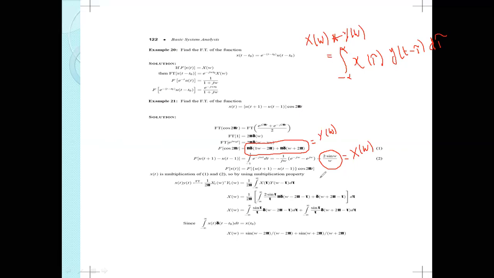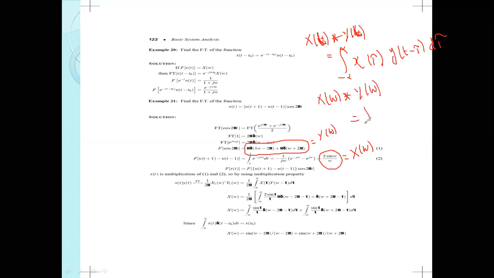Okay, you see here, X of tau, Y of omega minus tau, d tau, because here the function is of omega. Whenever t is there, let it be without confusion, X of t, Y of t. Then only this is the equation. Now, instead of t, there is X of omega with the convolution of Y of omega.